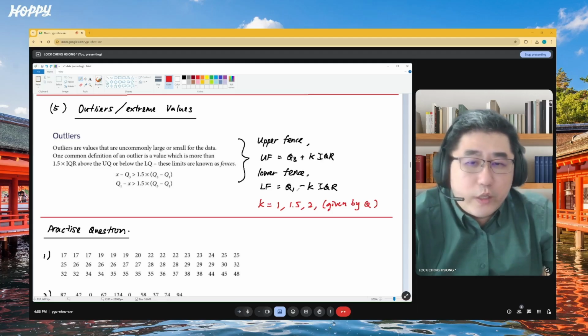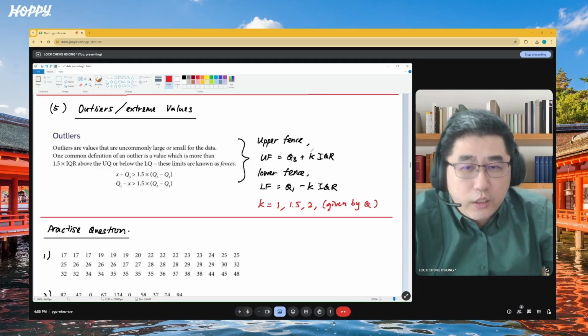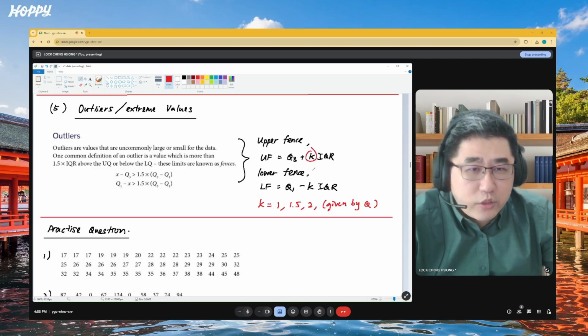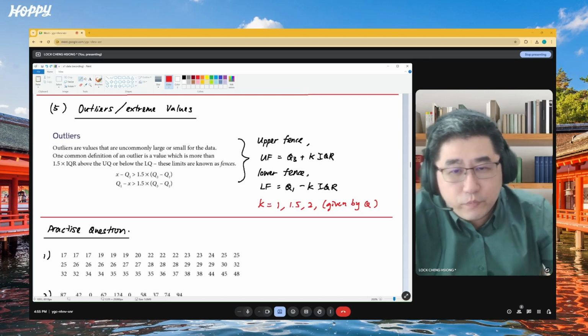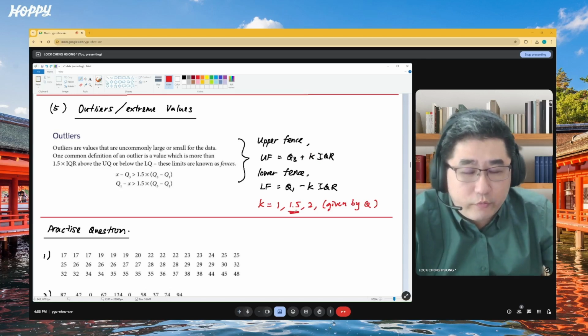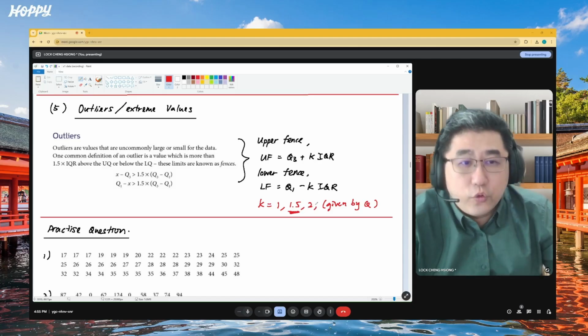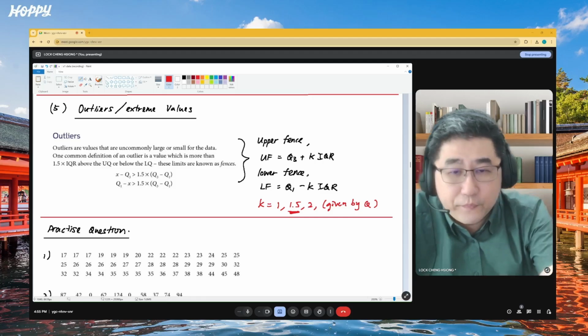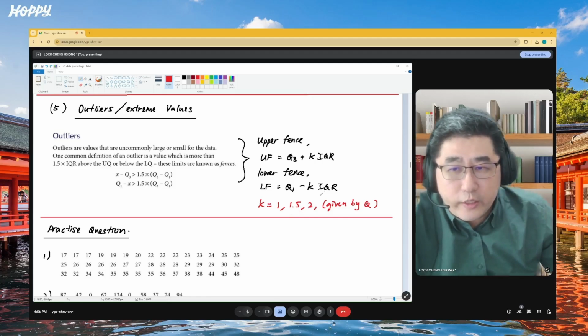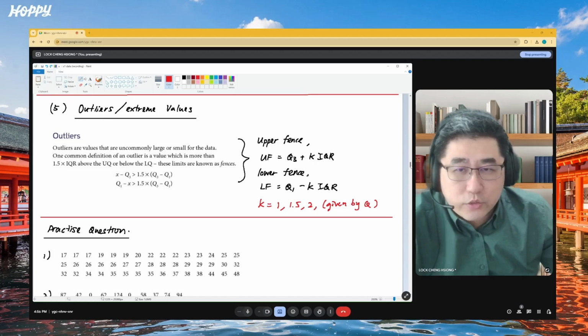Lower fence is Q1 minus K times IQR. In the event that the question didn't mention the K value, then you will use 1.5. If the question gives you a specific K value, you follow whatever the question has given. Let's look at some practice questions.